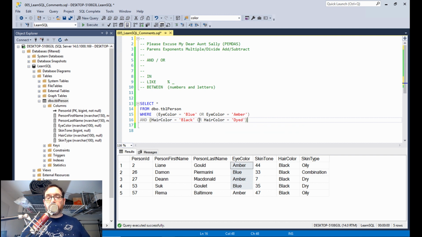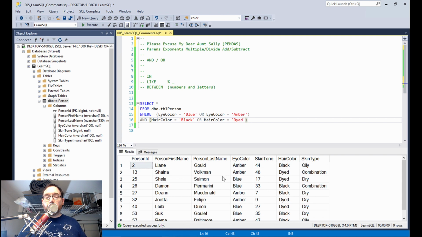Okay, that's another question. So we're going to pair these two questions up, execute them, and we'll get amber and blue only and black or dyed only. So that's how we're going to look at the or statement, because really the or statement is what throws the where clause into a little tizzy.